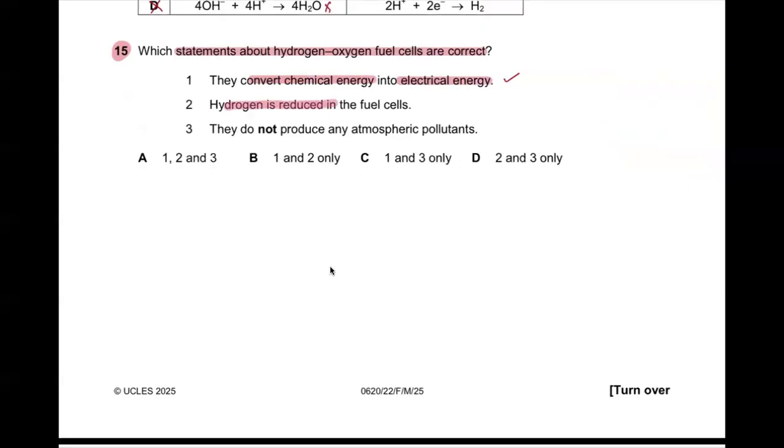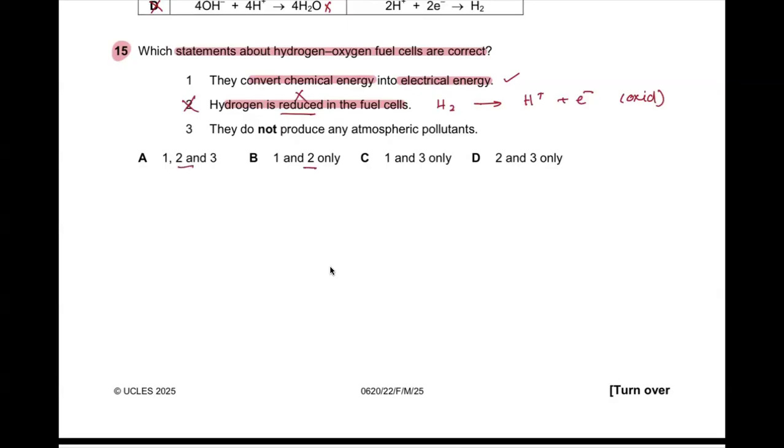Second, hydrogen is reduced in the fuel cell. If you see, when the hydrogen comes, hydrogen turns into its ions losing the electron. So that is oxidation, right? That is not reduction. So reduced is wrong.